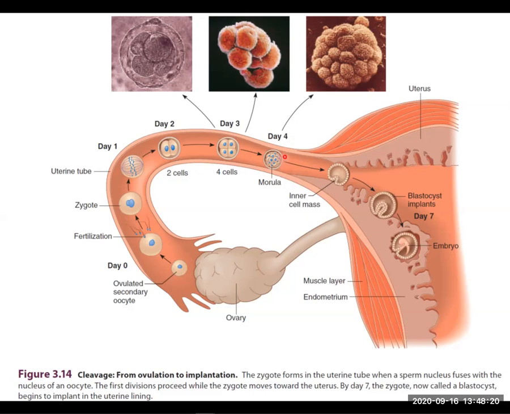When they break, the morula will become the blastocyst, right here. The blastocyst has two groups of cells. This cavity is called the blastocystic cavity.